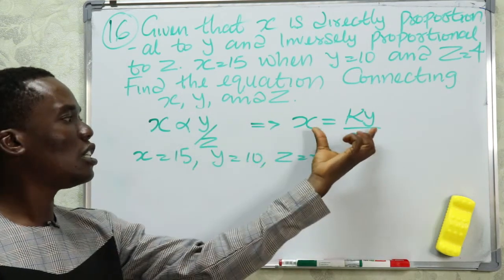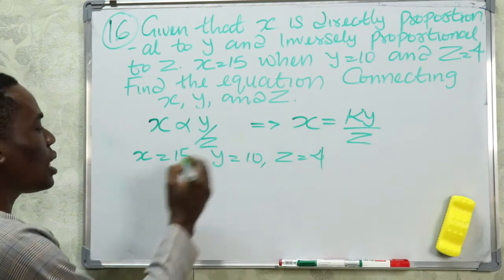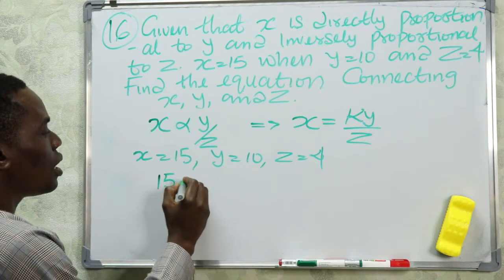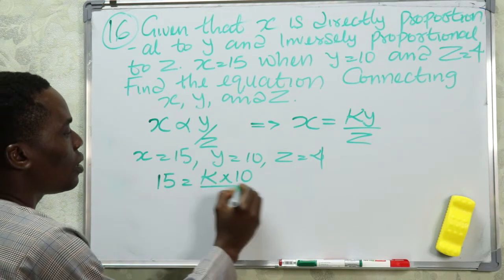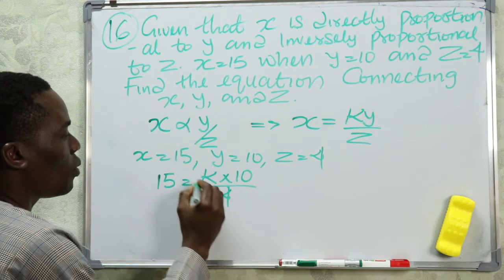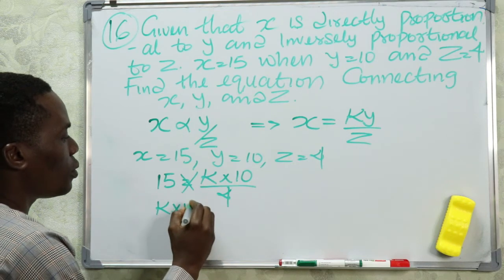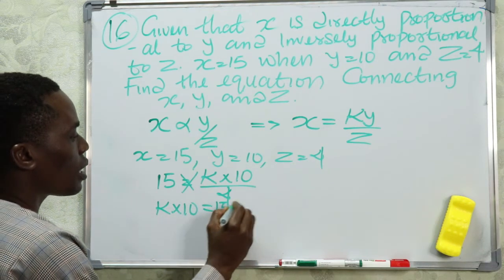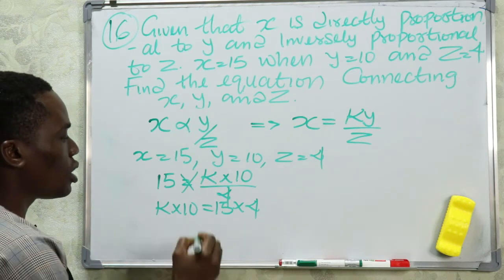So we need to look at the equation that connects x, y and z. Inputting this into the general equation we've isolated, that will give us 15 equal to k times 10 divided by 4. When we cross multiply, we'll have k times 10 equal to 15 times 4. 15 times 4 is going to give us 60.